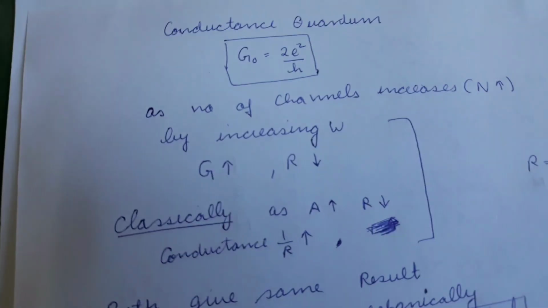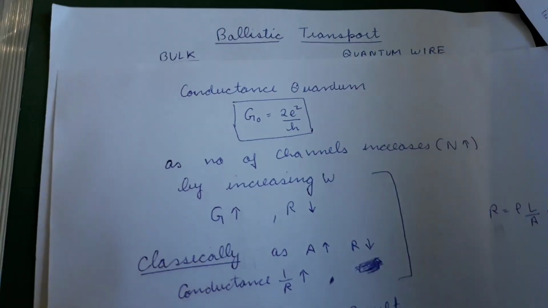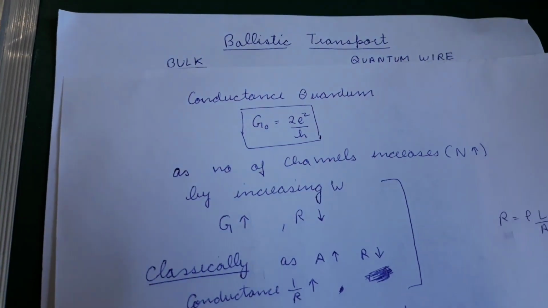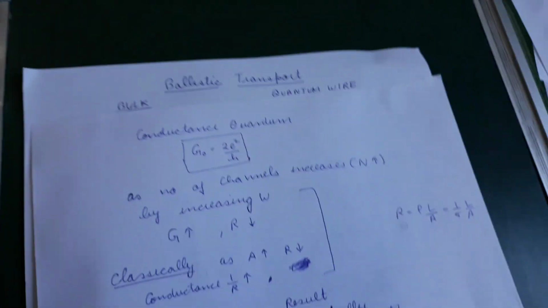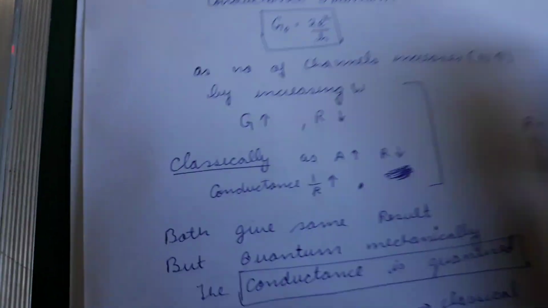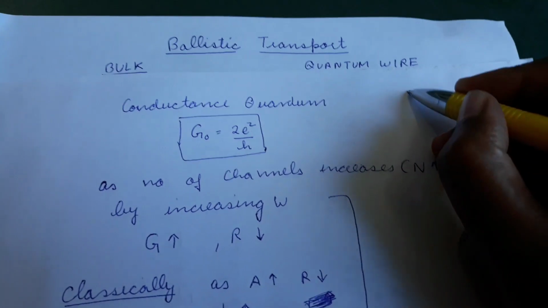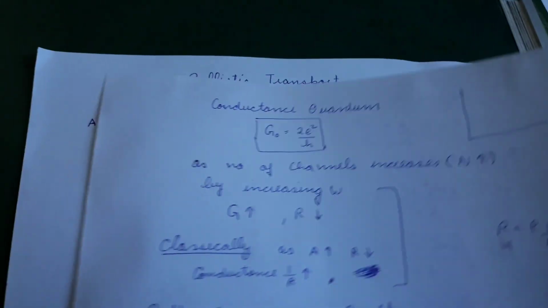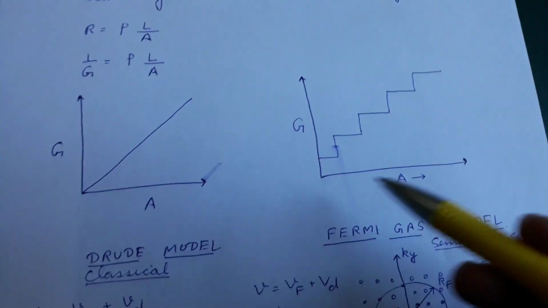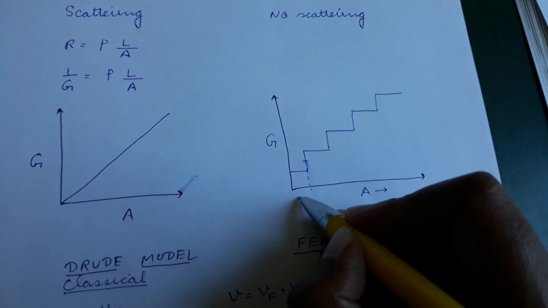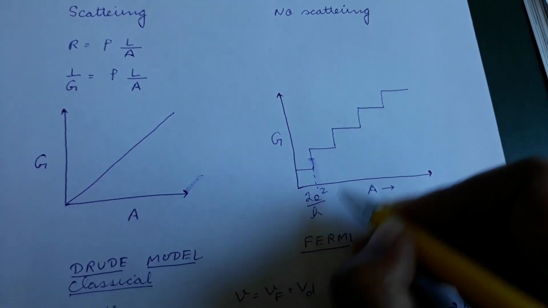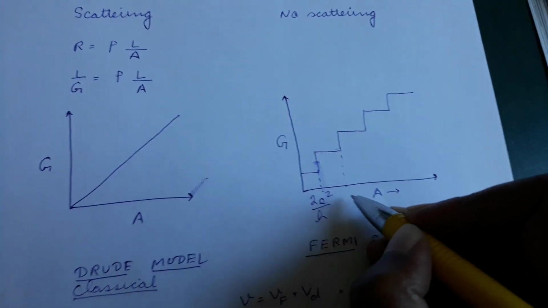If we plot it, we will get something like a step function, which we have already discussed. If you want, you can also draw it. Maybe I have it here. Yeah, it will be like this. You see that this will always be a multiple of 2e square upon h.